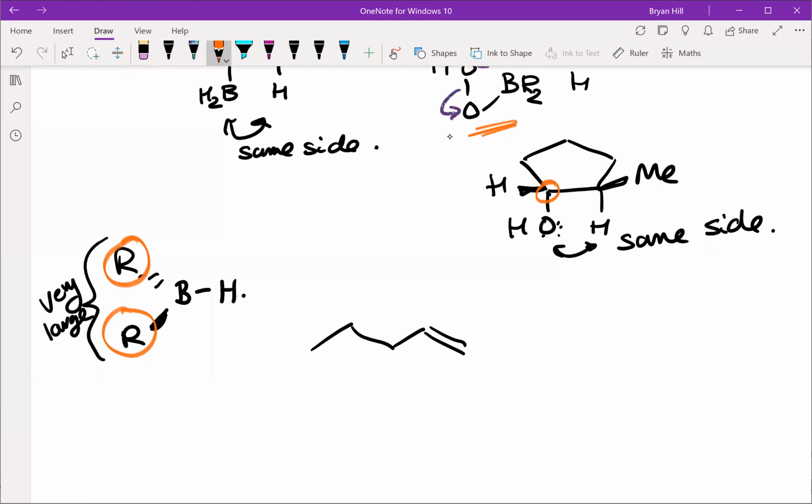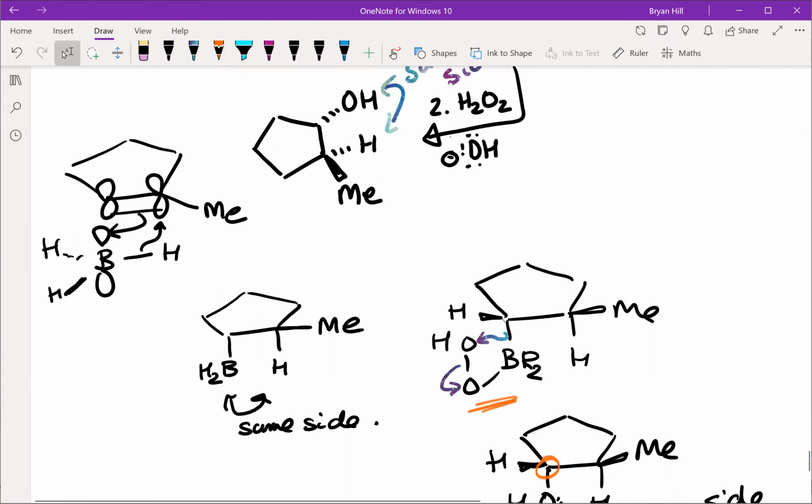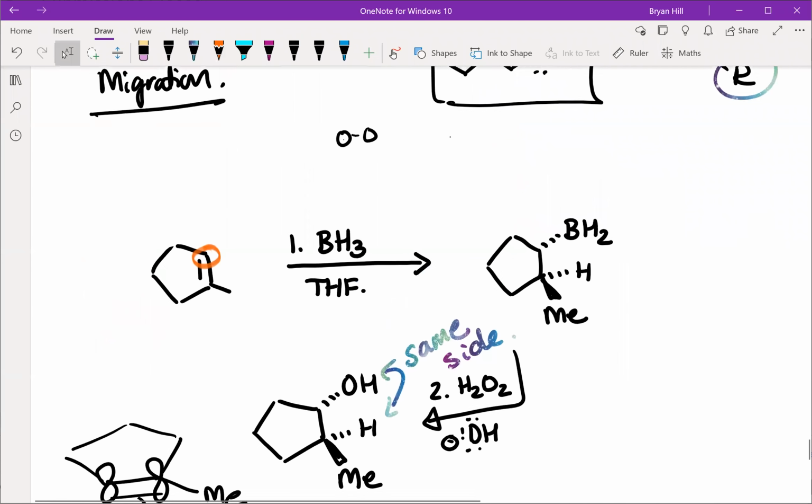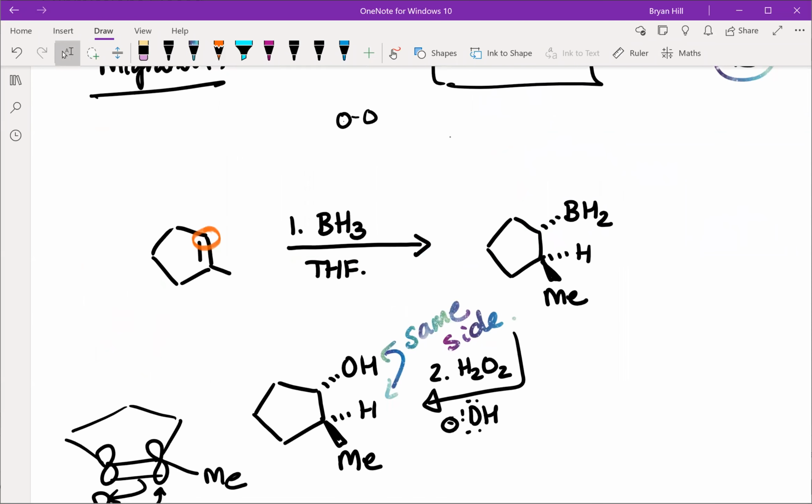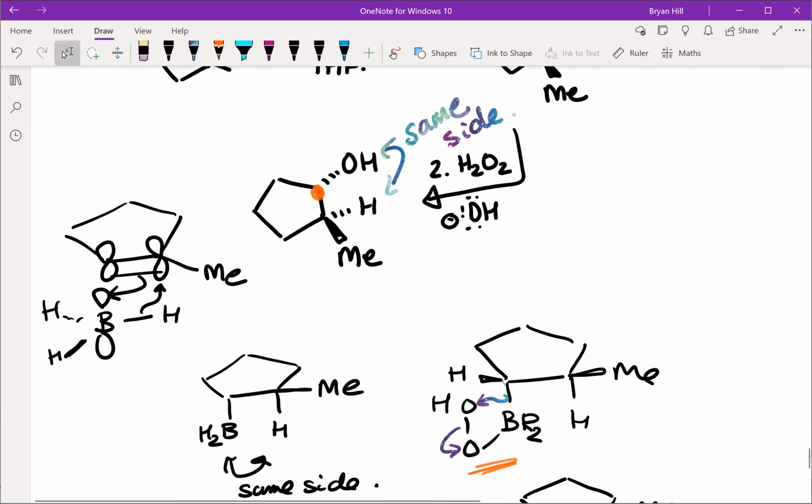But the oxymercuration, that mercurinium ion, is just like the bromonium ion, and here, this hydroboration reaction does the opposite. So the boron and the hydrogen are on the same side, but the oxygen ends up on the least substituted carbon. So that's opposite of what we saw before.